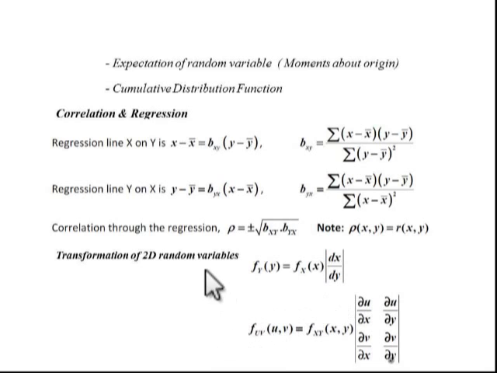For the two-dimensional transformation, we have x and y with the joint PDF, and the transformation u and v are given in terms of x and y. To get the joint PDF of u and v, we have f of u comma v as the old joint PDF f of x comma y multiplied by the Jacobian value.